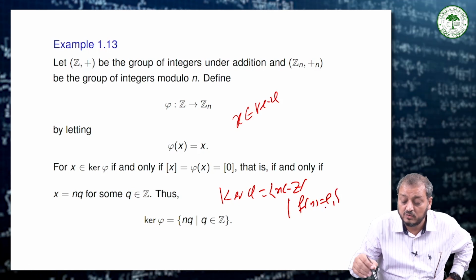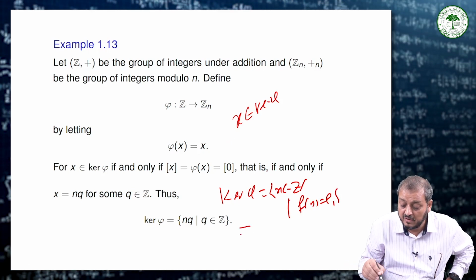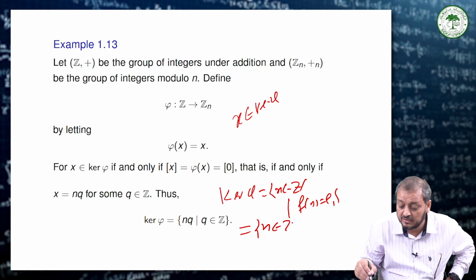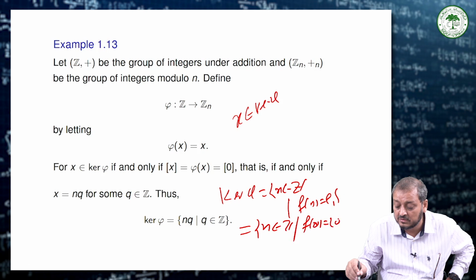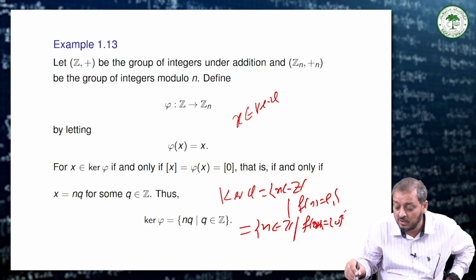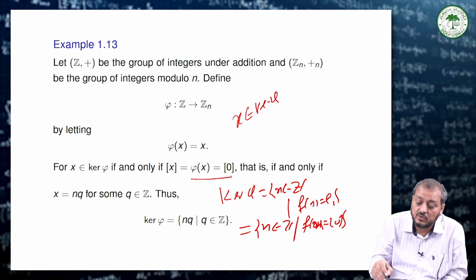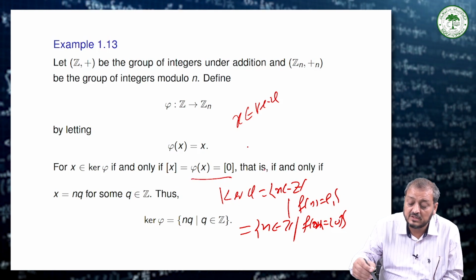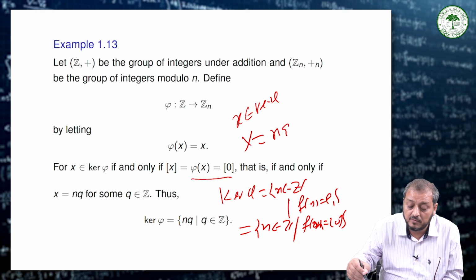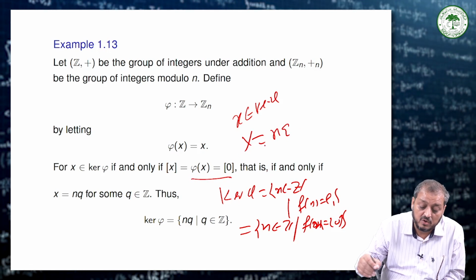In this case, x in Z such that phi of x is the identity means the equivalence class of 0. The equivalence class of 0 means x can be written as nq for some q.